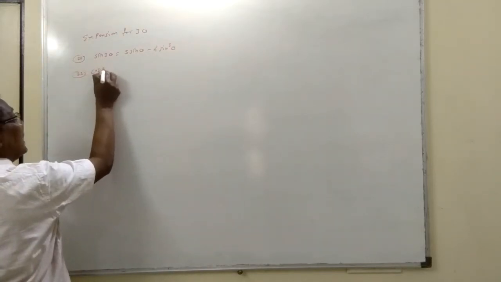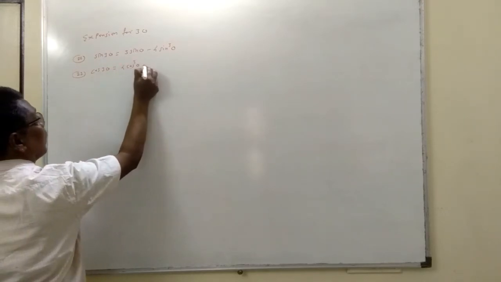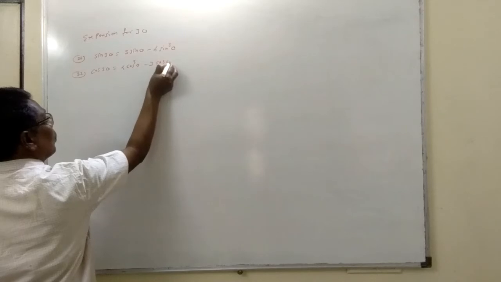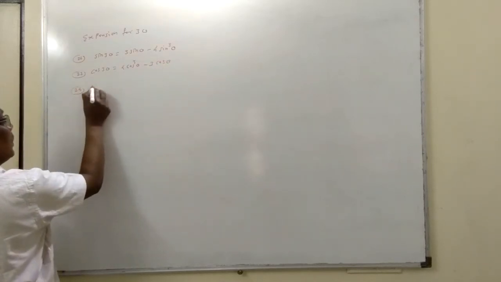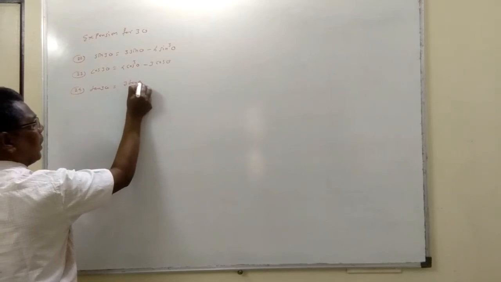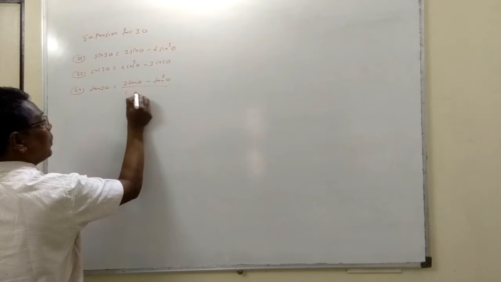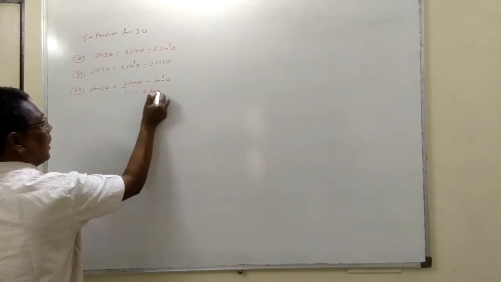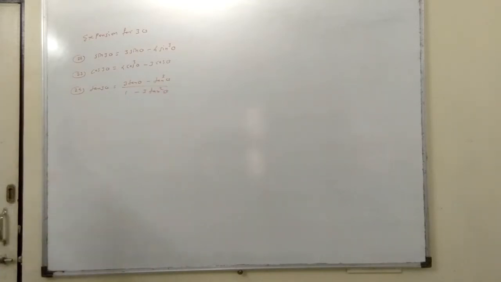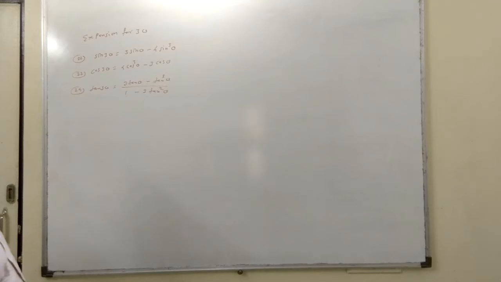Cos 3 theta is equal to 4 cos cube theta minus 3 cos theta. Tan 3 theta is equal to 3 tan theta minus tan cube theta divided by 1 minus 3 tan square theta. So these are the expansion formulae for the 3 theta angle.